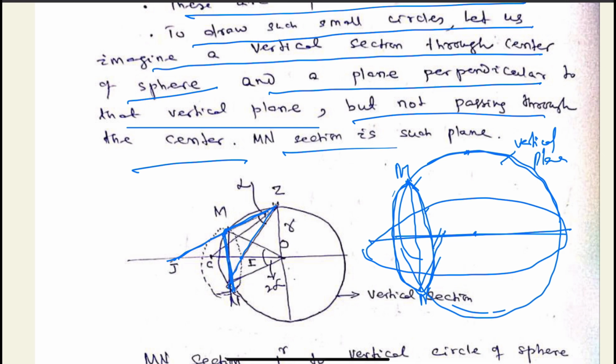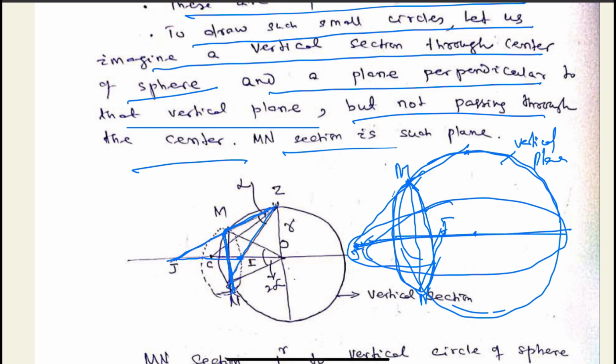So this will be I, and this M representing the equatorial plane will be here at this point. This will be J. So I is the projection of point N in the equatorial plane. J is the projection of point M in the equatorial plane.